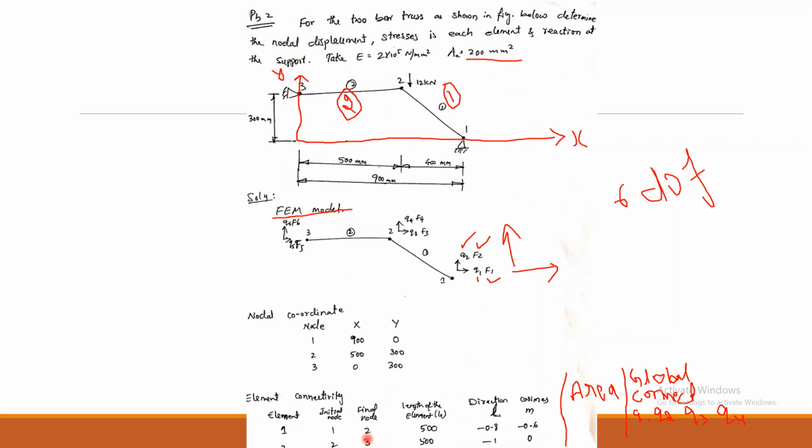X final is the x coordinate of node 2, and x initial is the x coordinate of node 1. For node 2 it is 500, for node 1 it is 900. So it becomes like this.